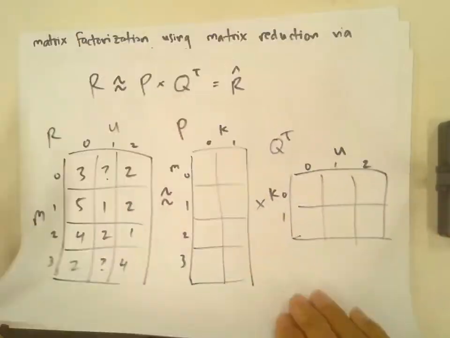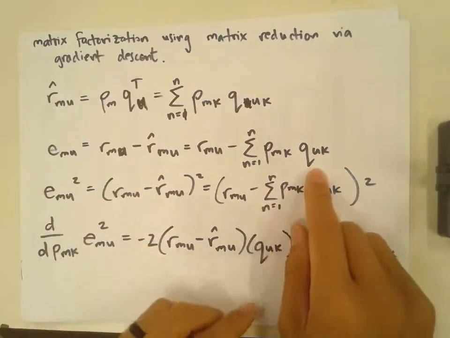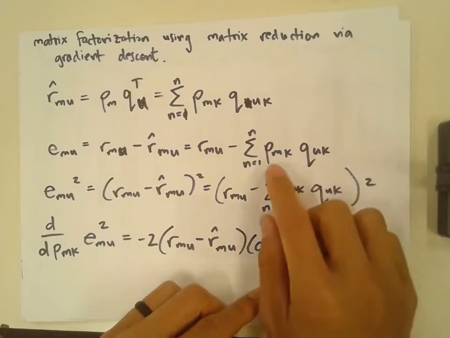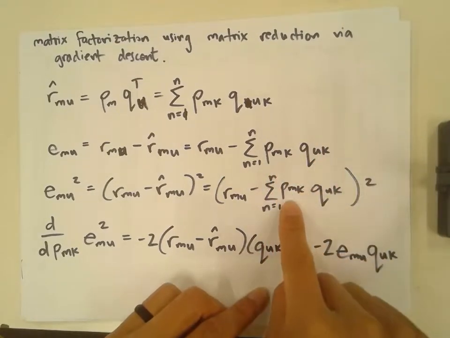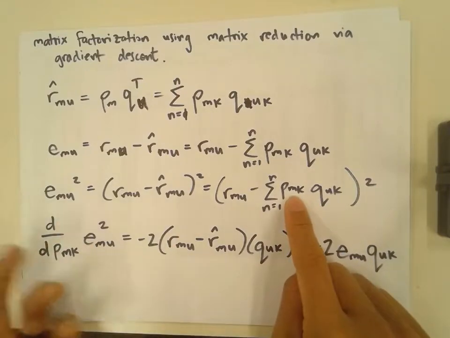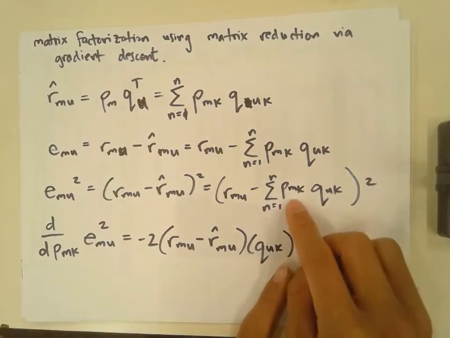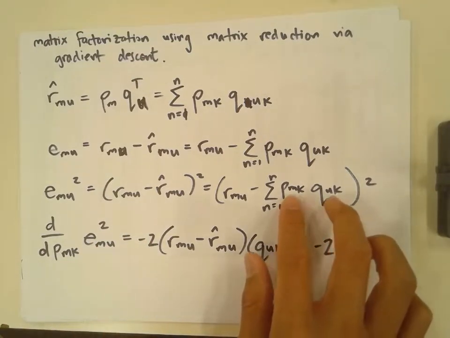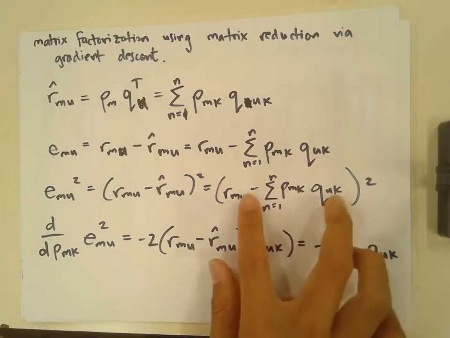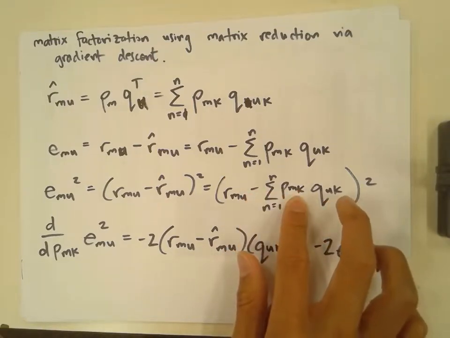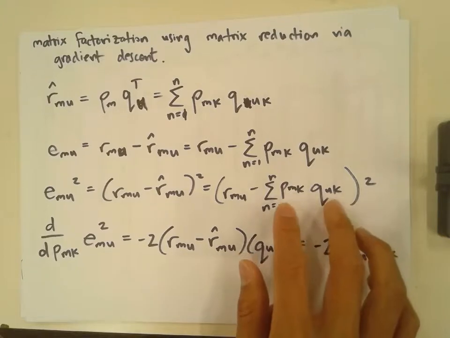So this summation over here, the only element in the summation that has a variable is the one involving P of mk. So that's the only one that remains. The rest of the elements in the summation are 0 because they're constants. And then when we take the derivative of this, what we get is negative QUK, because the P of mk is the variable and its coefficient is Q of UK.